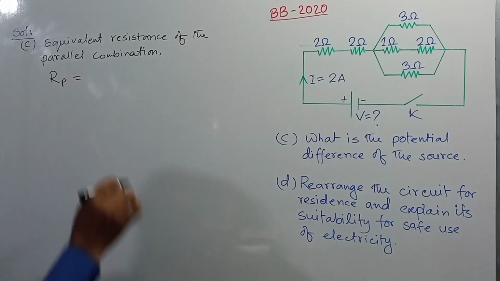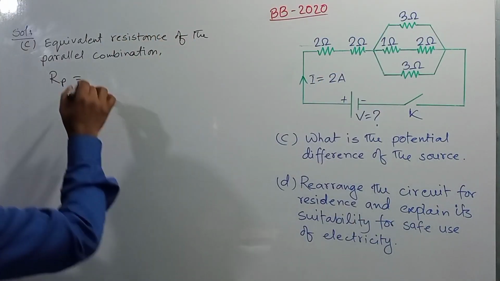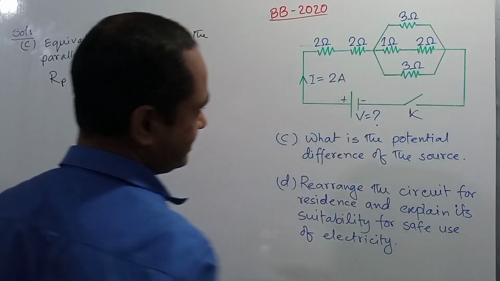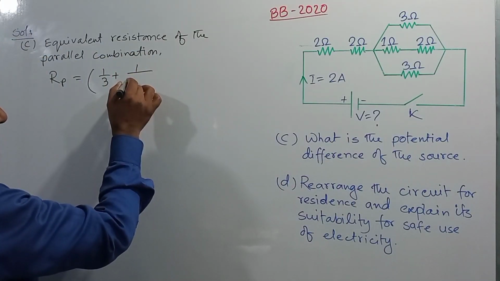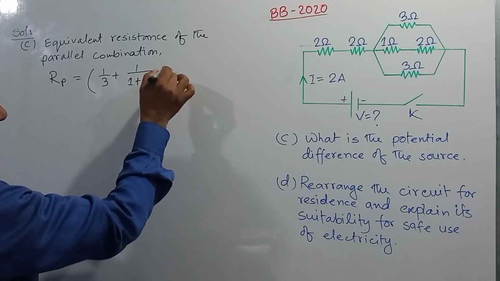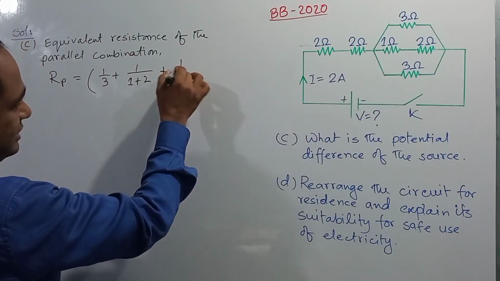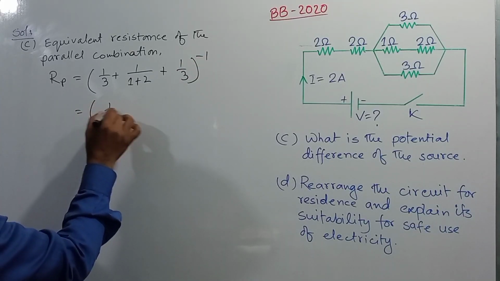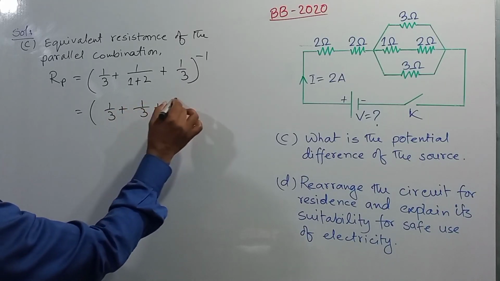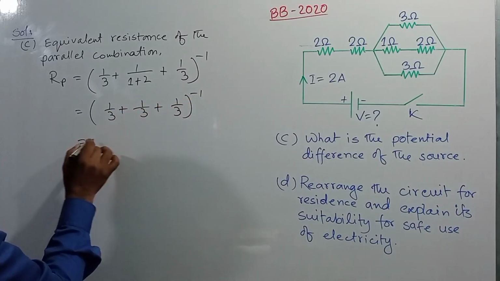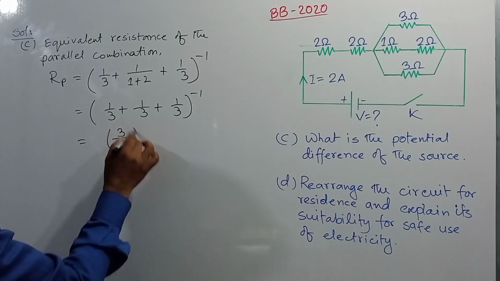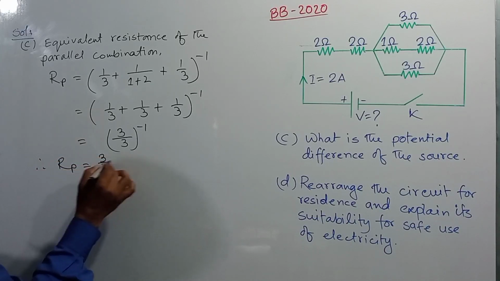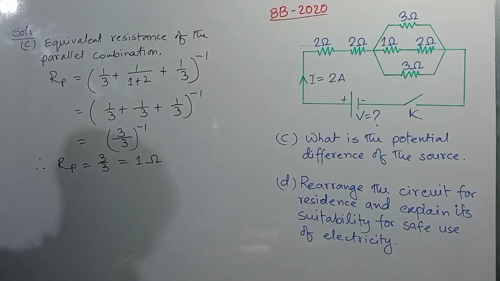So 1/Rp is equal to, here the first resistance is 3 ohm, so we can write 1 by 3, plus these 1 ohm and 2 ohm are connected in series, so we can write 1 by (1 plus 2), then we need to write 1 by 3. So 1 by 3 plus 1 by 3 plus 1 by 3, and after the calculation you will get 3 by 3, that is Rp is equal to 3 by 3, or 1 ohm, right?